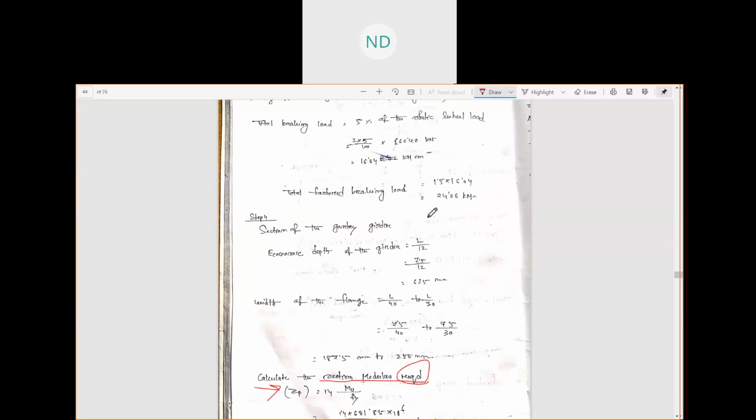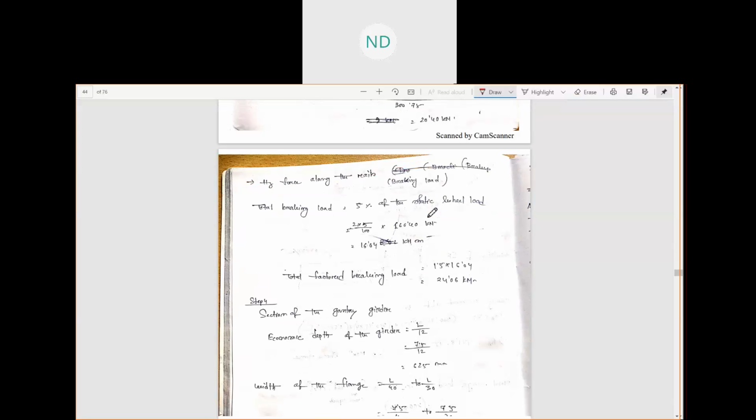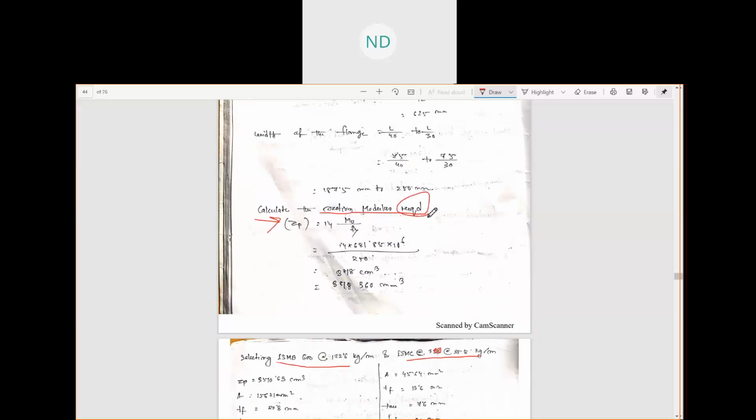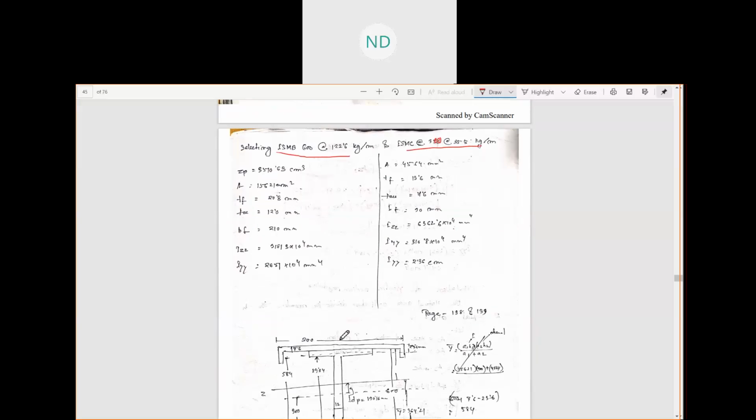So for these loadings and these moments, the section modulus required to resist them is the one we calculated here. Now, on the basis of this section modulus, we are going to check whether our section, an I section and a channel section, is okay or not, whether it can resist those loads and moments.